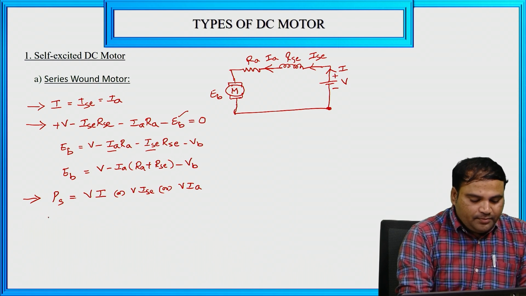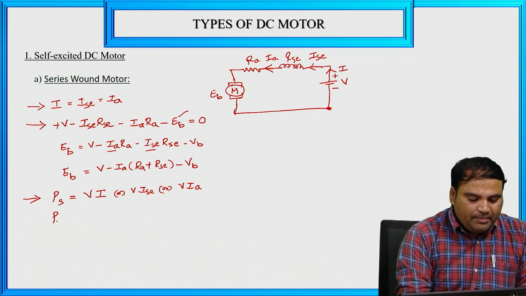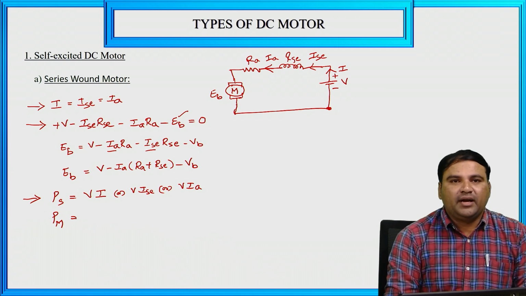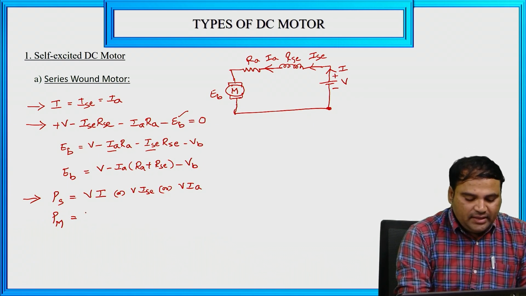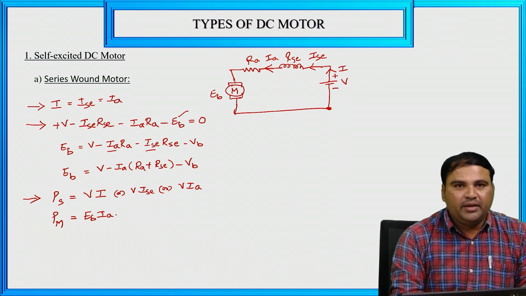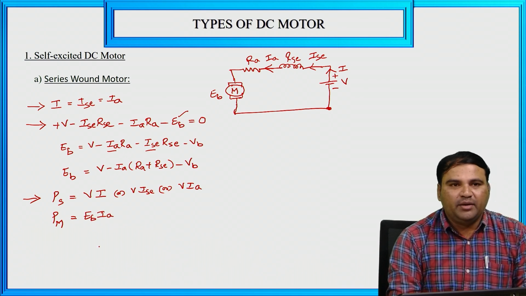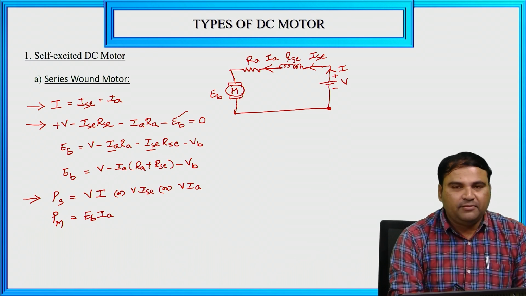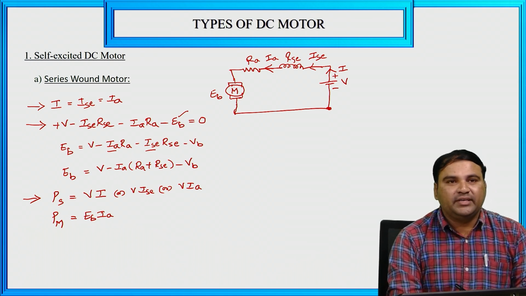Similarly, the mechanical power developed by the DC motor is given as EB into IA, or EB into ISC, or EB into I. These are the power relations of the series wound DC motor.